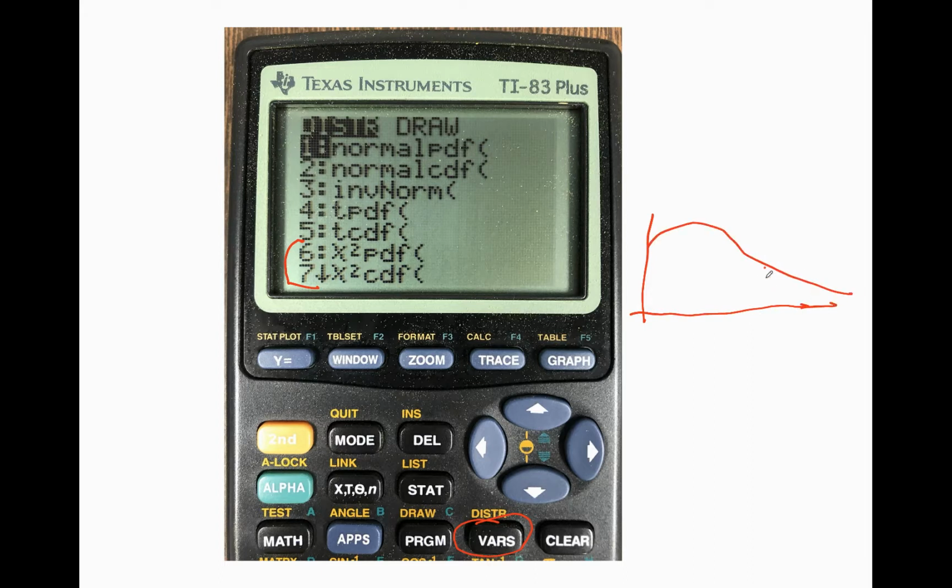We have our test statistic, which is here, and we want the area that goes to the right of that. So from the chi-squared statistic up to some really big number, which we put in as an arbitrary upper bound, we're going to find the area in between those two regions.